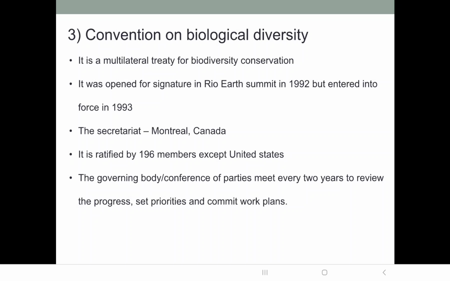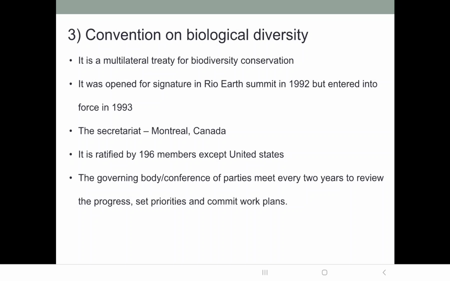The governing body, or Conference of the Parties, meets every 2 years to review the progress made by the countries in respect of this convention. It also sets priorities in terms of biodiversity conservation and commits to work plans.